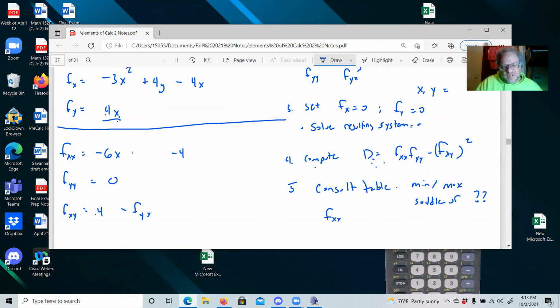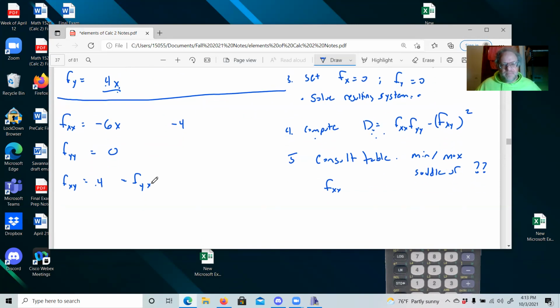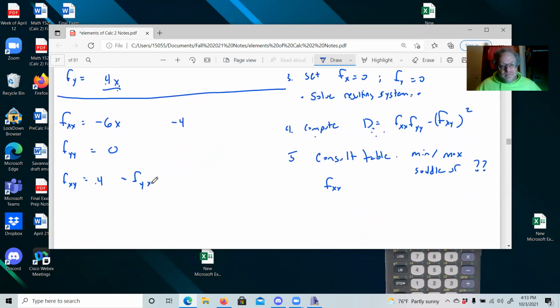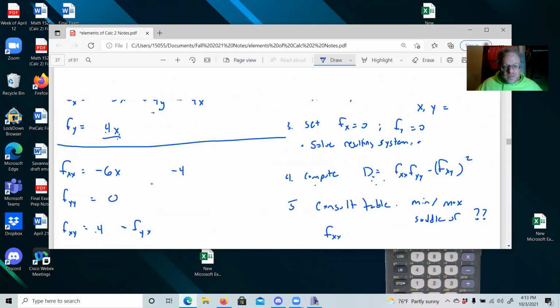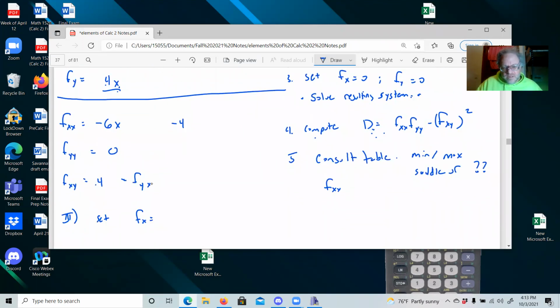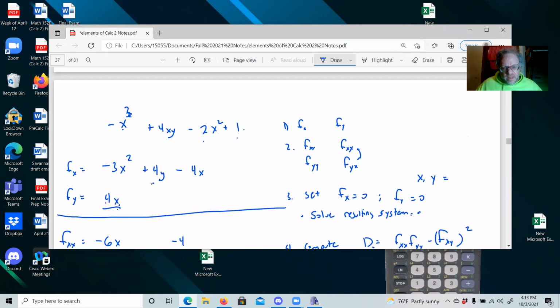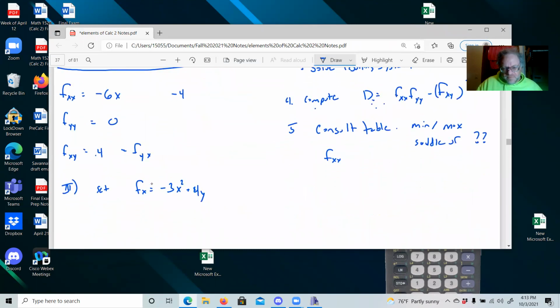Or we're taking this derivative with respect to y, so we just get 4. Okay, so that's step 2. Okay, step 3. Okay, we're going to set fx, which is equal to negative 3x squared plus 4y, okay, minus 4x equal to 0.